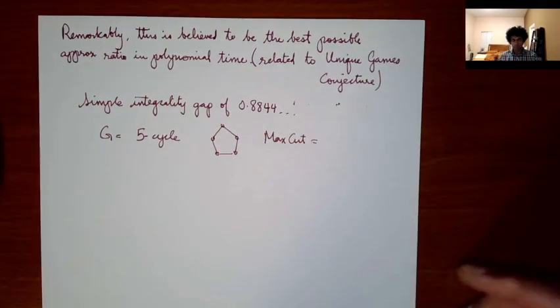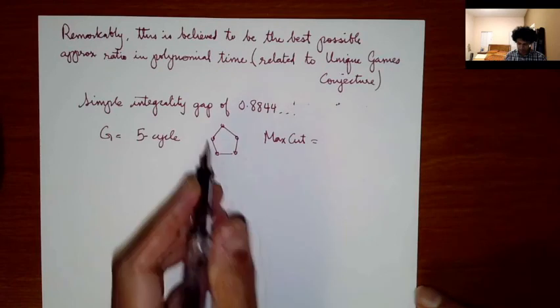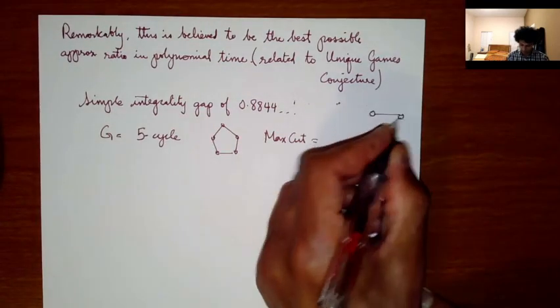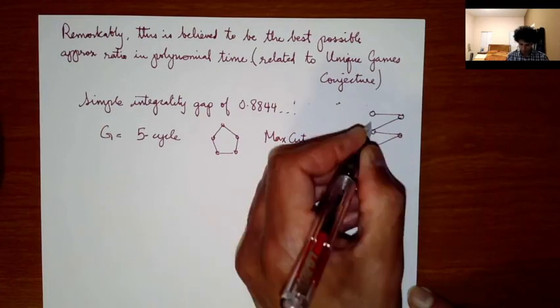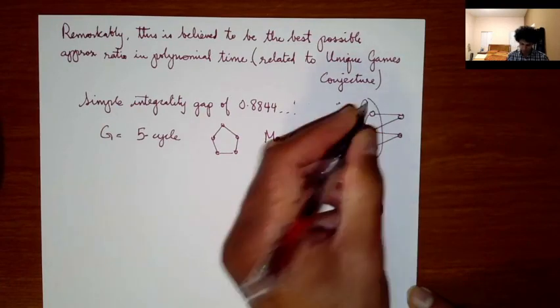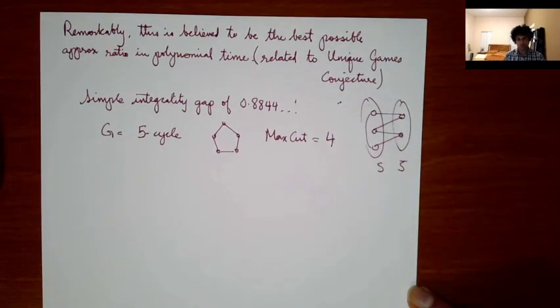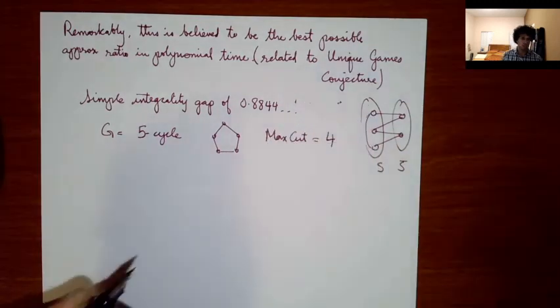Put 3 vertices on one side and 2 vertices on the other. Except, don't do them in order. Do it this way. And so this becomes S and S complement. And so the max cut value is 4. You can cut 4 edges. You miss the 1 edge. Obviously, you can't cut 5 because it's not bipartite.